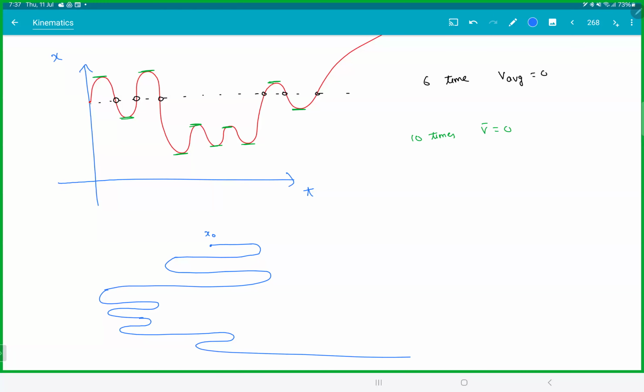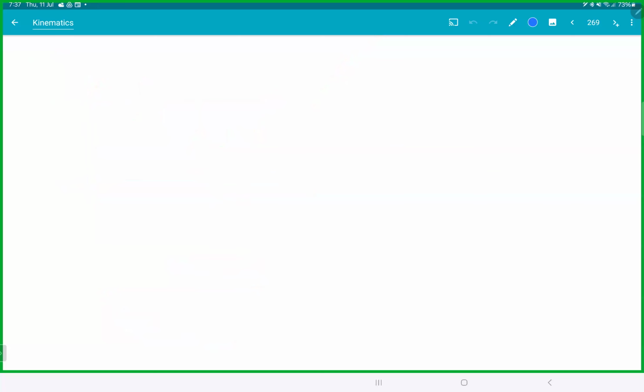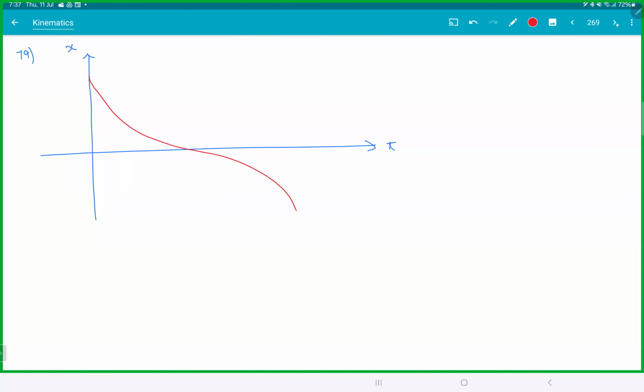Next one. So we have a point A here. We have a point B here. We have a tangent at this point, making 60 degrees. We have a tangent at this point, making 60 degrees.